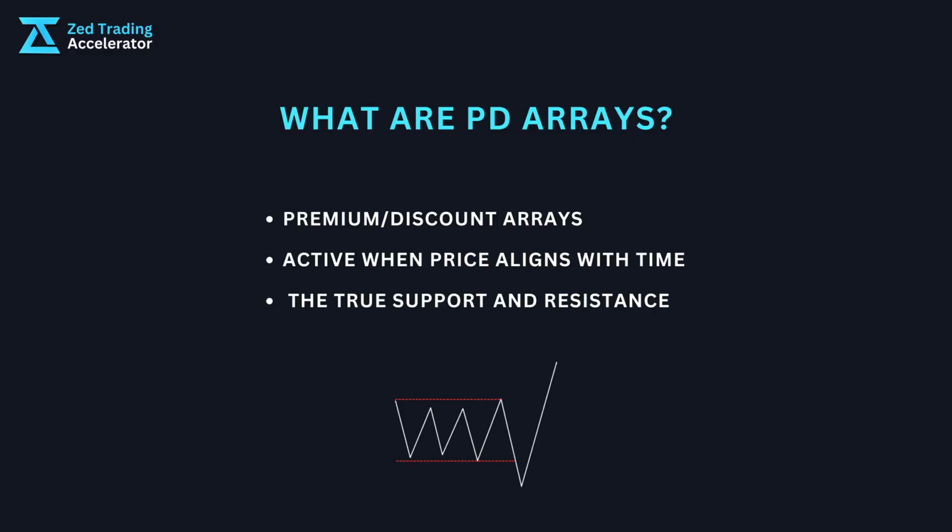That setup is nothing without time. Also, PD arrays will not work without time. That is why those setups fail. Those PD arrays fail because they have no time. So the most high probability PD arrays can be found inside a kill zone.